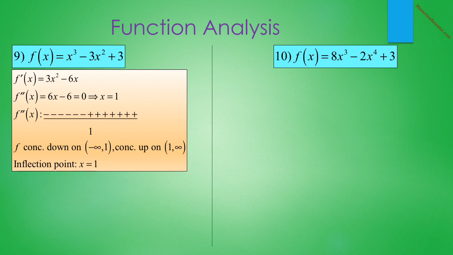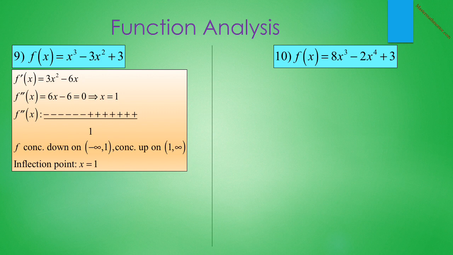We now make a sign chart for f double prime of x with two intervals, to the left of 1 and to the right of 1. To the left of 1, we get negative, and to the right of 1, we get positive. That tells us that f is concave down on the interval negative infinity to 1 and concave up on the interval 1 to infinity.